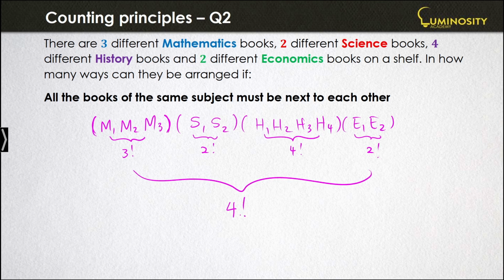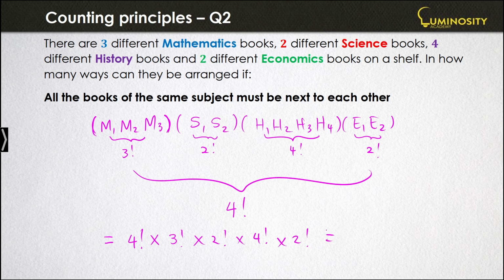So the sub-objects are the books being arranged within their own subject, and the main objects are the grouped objects of each subject. By the fundamental counting principle, the total number of ways is equal to 4 factorial, the number of grouped ways, times the sub-object ways: 3 factorial, 2 factorial, 4 factorial, and 2 factorial.